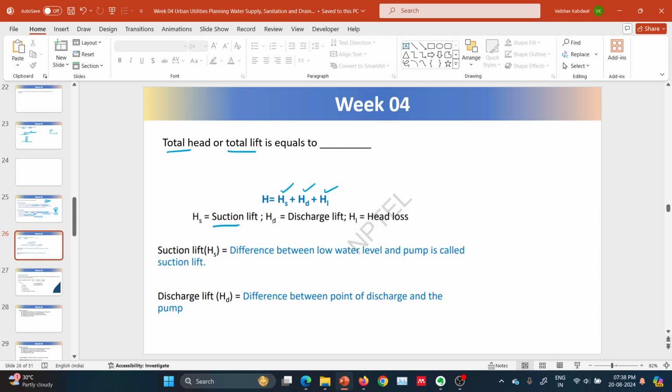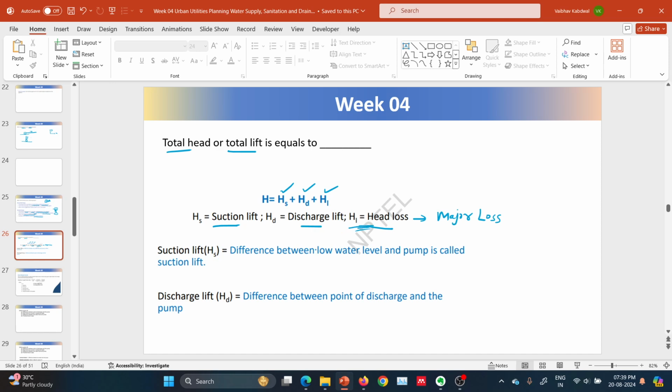We understood this, and loss we will understand. Here we'll consider only major losses mostly for now, but specifically we have to consider all the losses: bend loss, expansion, contraction, entry loss, exit loss. So all losses we need to consider in this part.